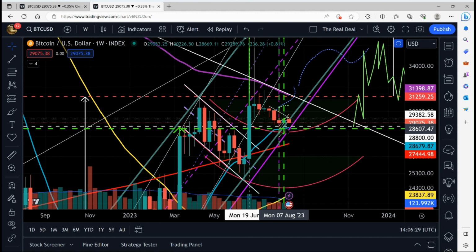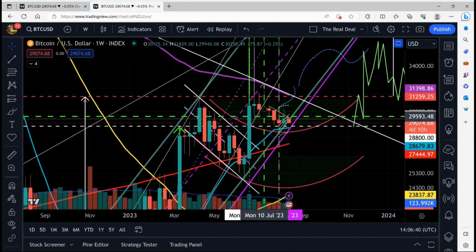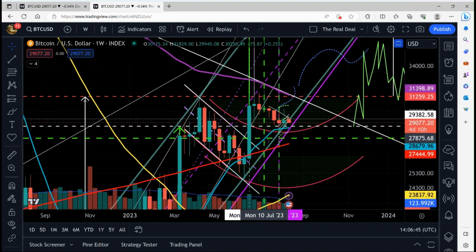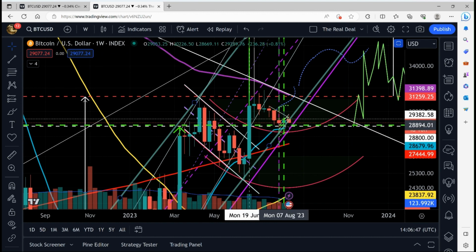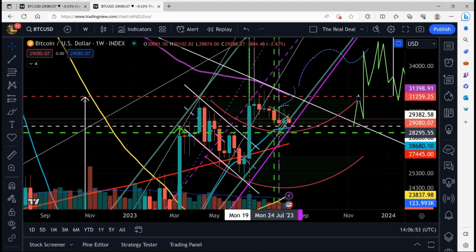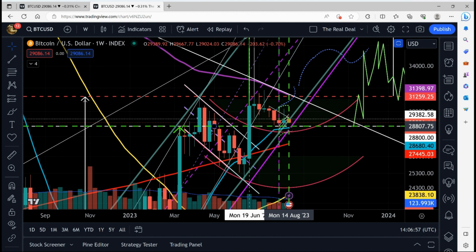This is the 20 weekly moving average, and I just showed recently in a video that it's significant when we cross here and hold it. And in the bull run, we maintain above all these moving averages. Primarily the 20 moving average is the one we really want to watch to stay above.